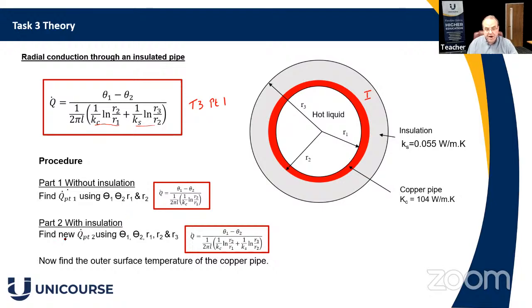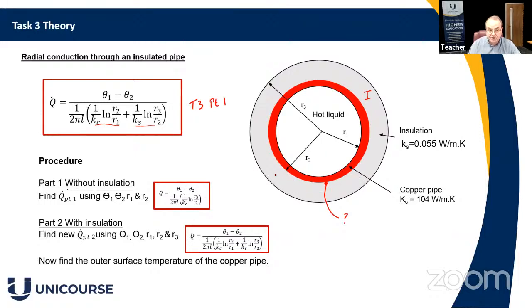Now for part 2, the question requests you to find the temperature at that interface there, in red. That's what we're trying to find, that interface temperature. But before that, we need to find the new value of the heat transfer. Because we put insulation on the outside of the pipe, Q is going to drop.